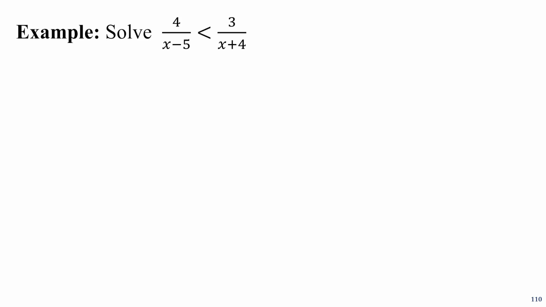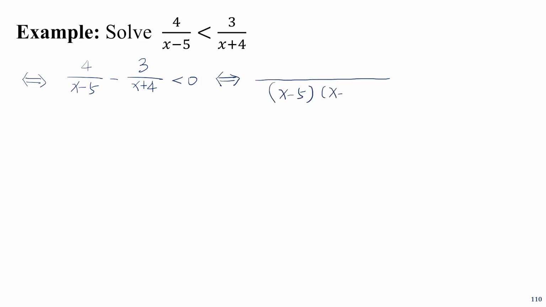The original inequality is equivalent to 4 over x minus 5 minus 3 over x plus 4 is less than 0. And then we can rewrite the expression on the left side using a common denominator, which is x minus 5 times x plus 4, right? And then 4 times x plus 4 minus 3 times x minus 5. This is less than 0.